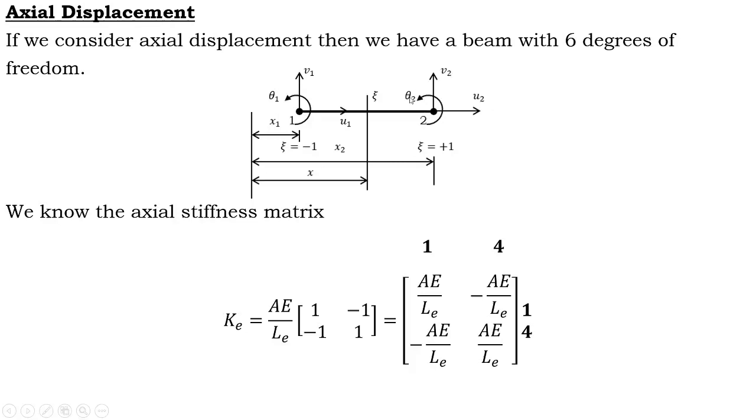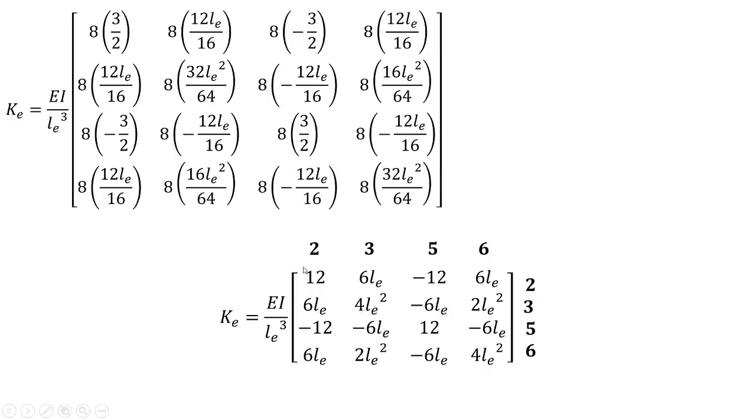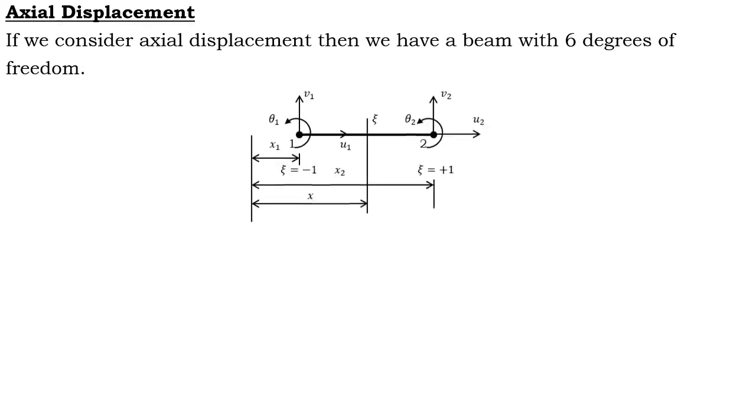U1 and U2 are associated with 1 and 4, so I have taken 1 4 vertically and horizontally. Then this is 2 3, then 5 6, for the 2 degrees of freedom I considered for the beam element.